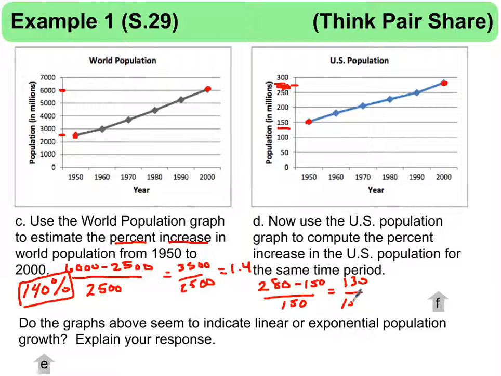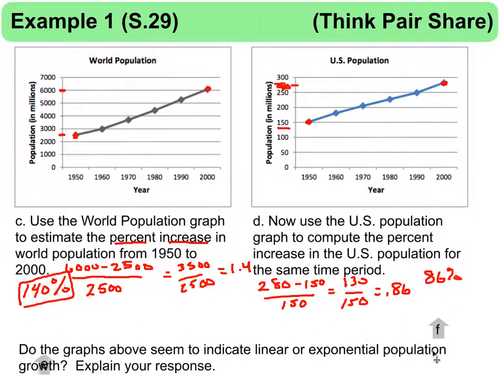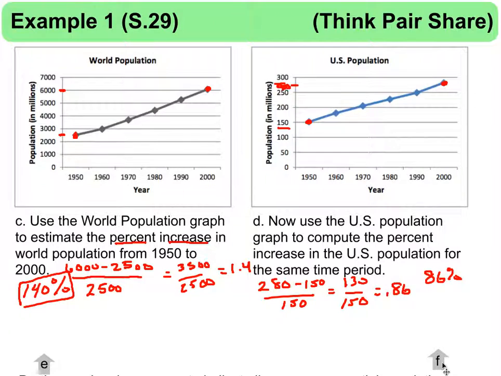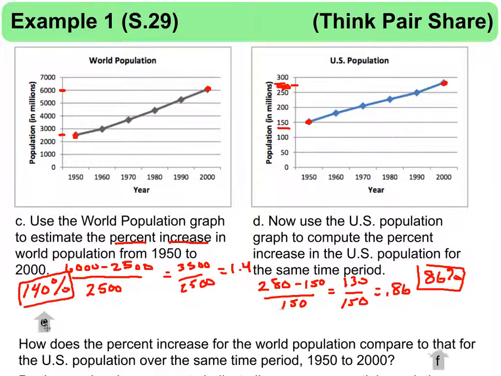Divide that by the 150, and you end up with roughly 0.86, and as a percent that would be about 86%. So if we compare the two, 86% versus the 140%, you can see the differences in the population increases.